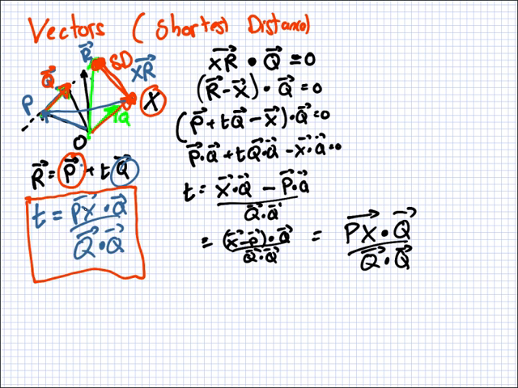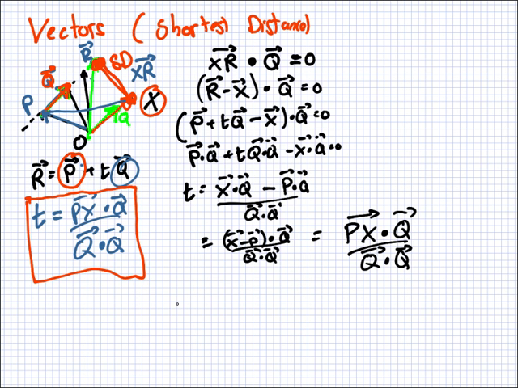Can't we just do PX over Q? No, you can't cancel vectors like this.